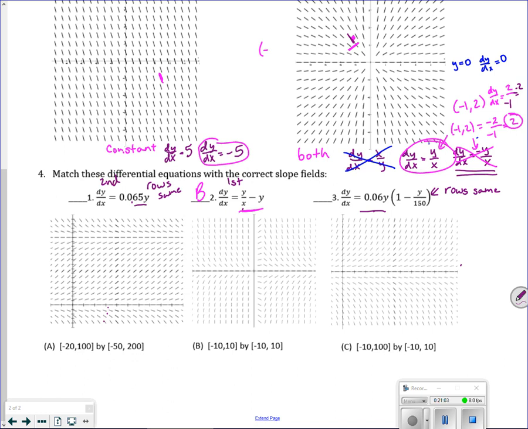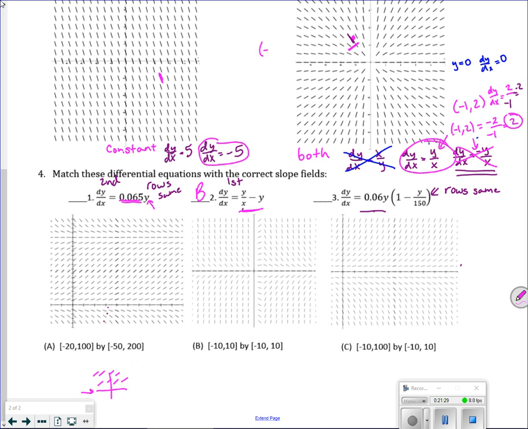That's just easier. Now, what I would notice, remember, I think of the positives and the negatives. This is a positive number. So that means if I plug in a y that is positive, dy dx would need to be positive, right? So above the x-axis, when y's are positive, my lines better be sloping positively.